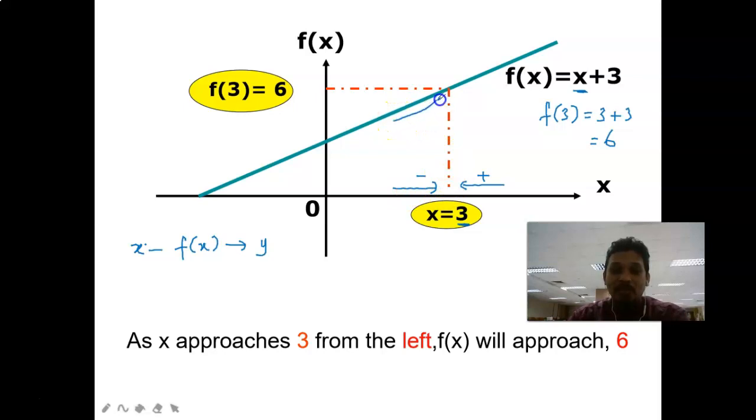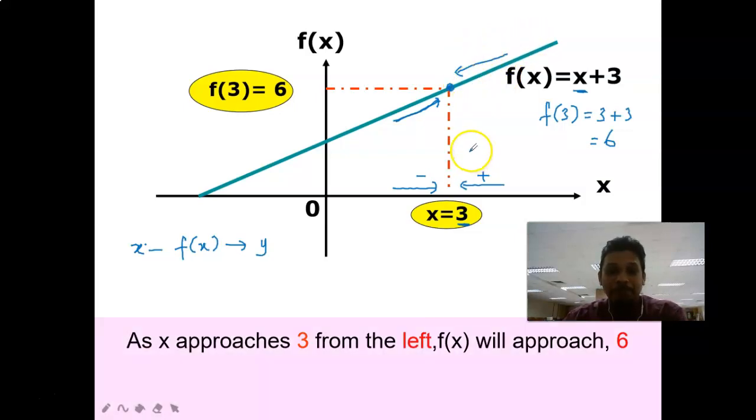It's approaching one value of y from the left, from below, and also when x approaches 3 from the right, we recall the graph approaching the value of y from the right, or above, sliding down.